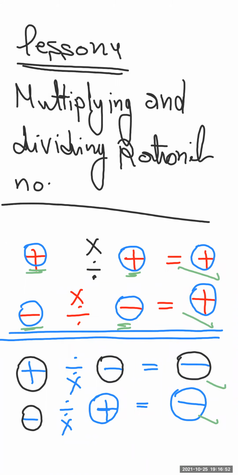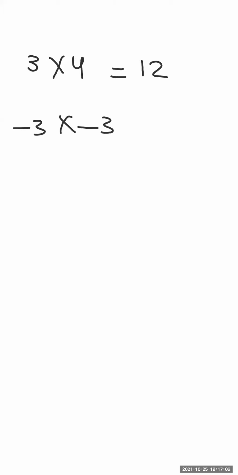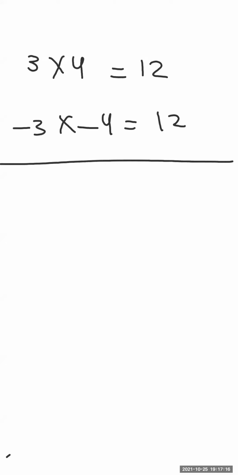So simply, if we are going to multiply 3 times 4, positive and positive, the two signs are the same, so 12. Negative 3 times negative 4, also two negative signs, the two signs are the same, also it will be positive 12.